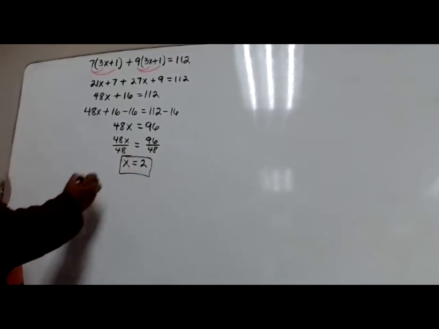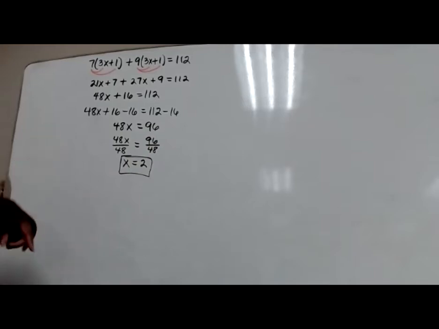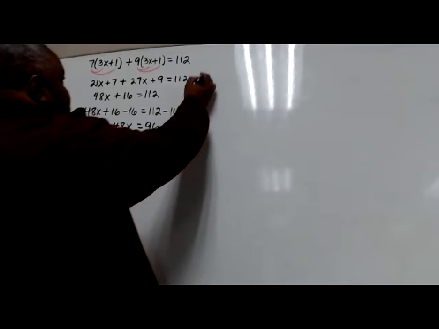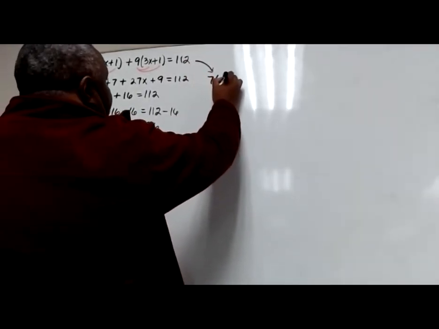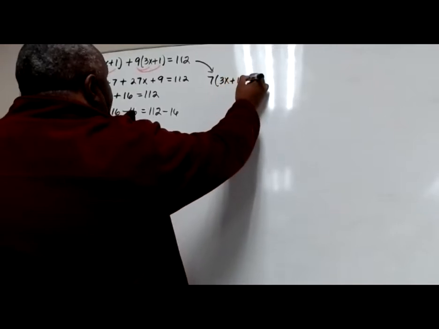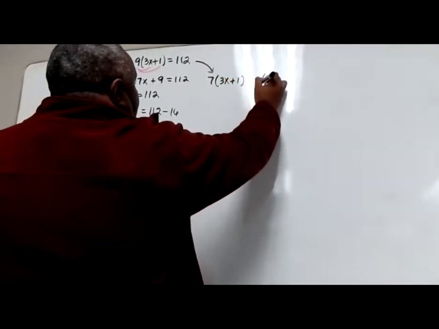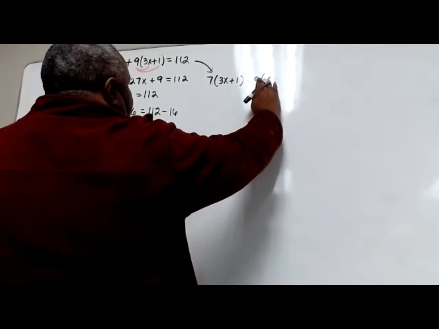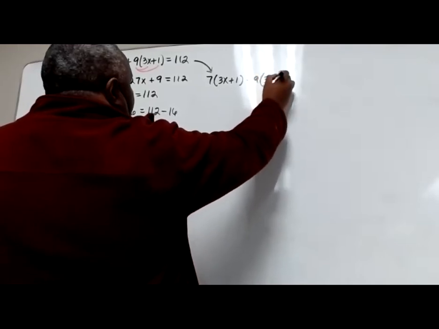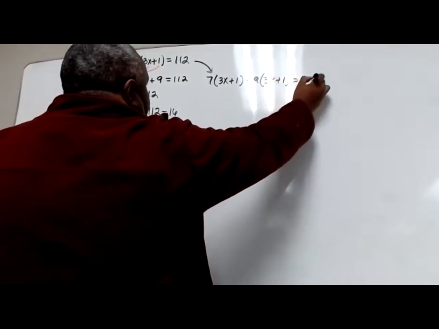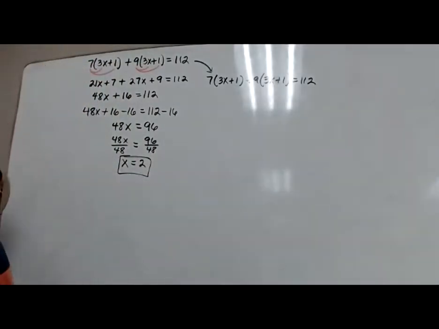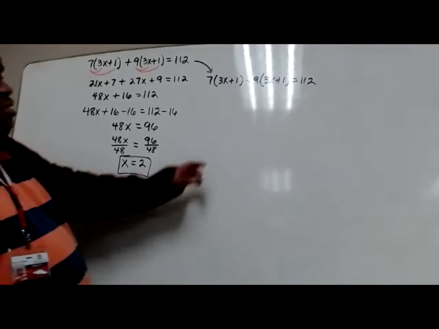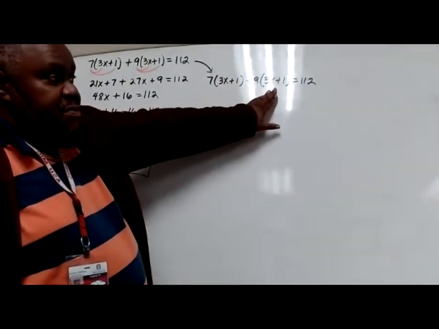Okay, and for the sake of time, I'm not going to do the check on this one. Now, here's the other way of solving this. I'm going to rewrite that equation again. Notice 3x plus 1 and 3x plus 1 here.